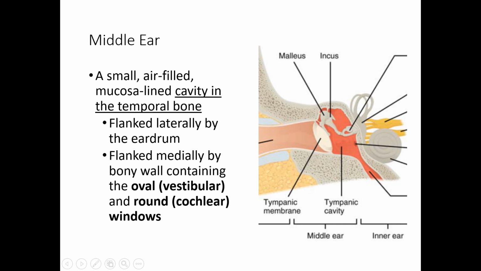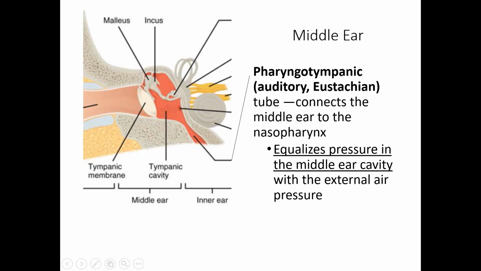It's filled with air, and laterally it's flanked by the eardrum, medially by a bony wall, and in that wall there are two openings you need to know: round window and oval window. Oval window you cannot see, it's right here under that bone called stapes. So under stapes right here would be an oval window.